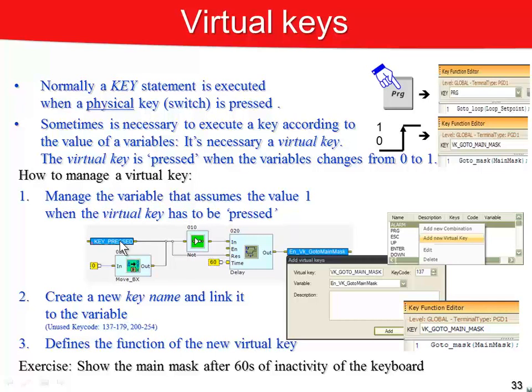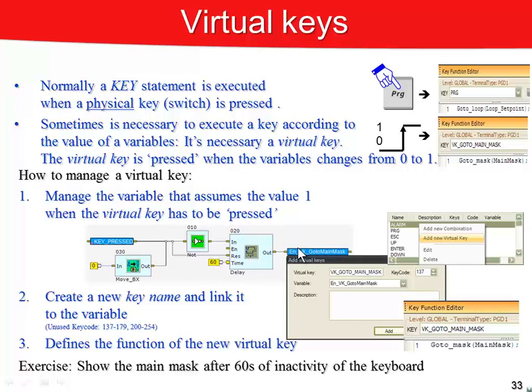So in the next program cycle, key pressed is 0, the output of the not is 1, and the block detects the rising edge. If you do not press a key again, after the time, 60 seconds, the variable becomes 1.